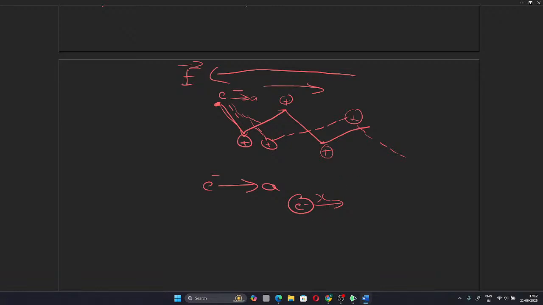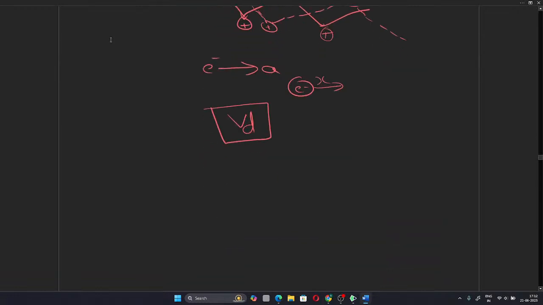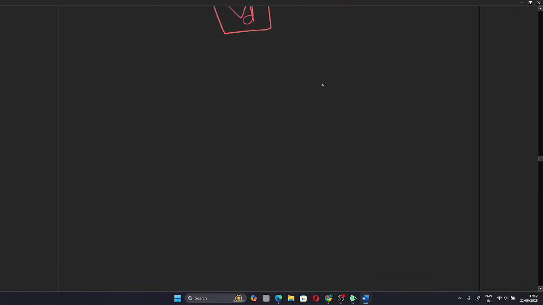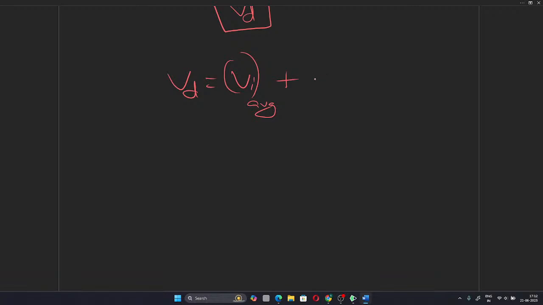The amount of drift, or rate of drifting of the electron per unit time, we can name it as drift velocity. We represent it by Vd. And for getting the equation for Vd, we take Vd equals Vi average, which is the average velocity of all the electrons moving in random directions, plus acceleration times time.